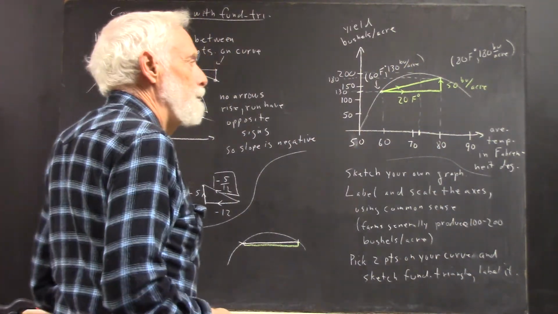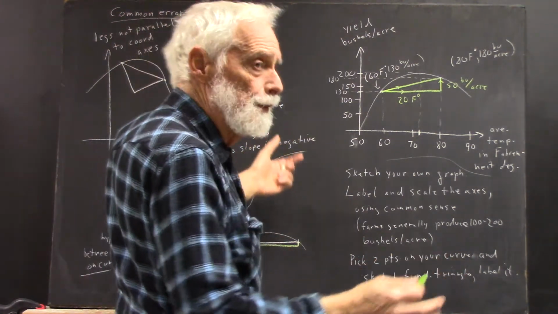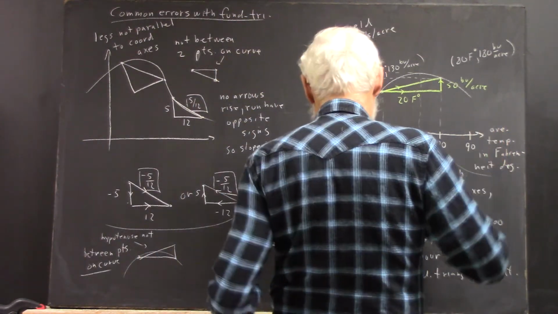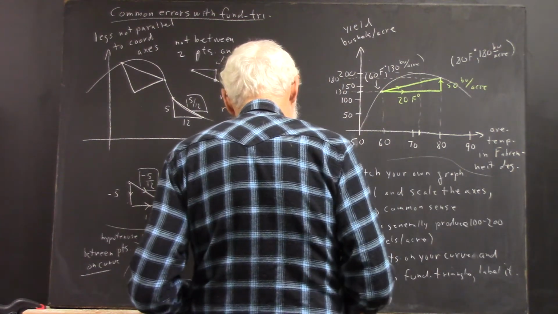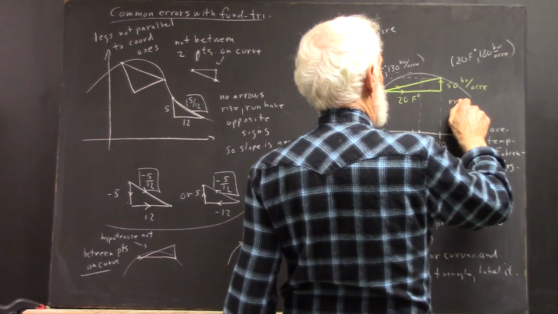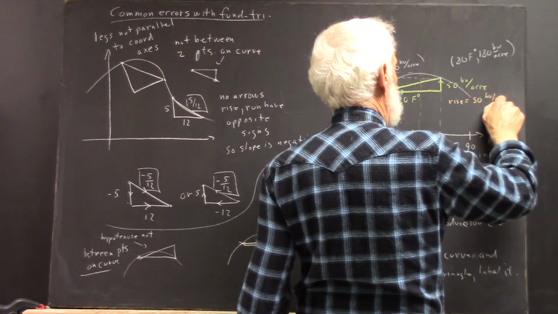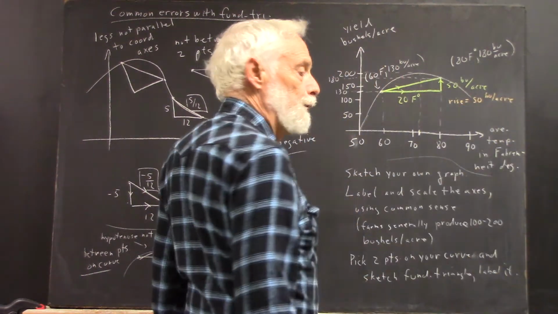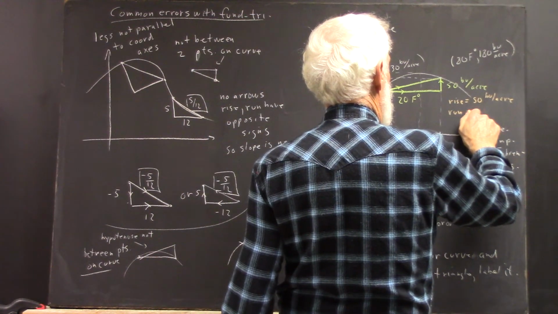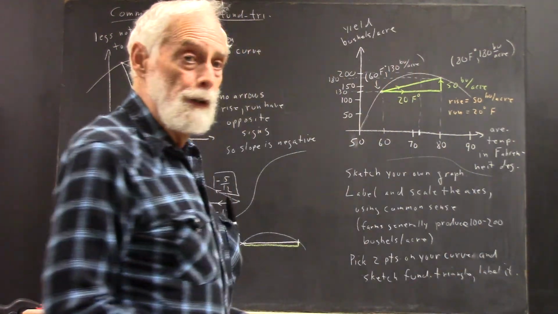Then we label the slope. But first, off to the side someplace, we do a calculation and we document this. Okay, I'm going to put the documentation in another color. I'm going to say, okay, it says rise equals 50 bushels per acre. Run is 20 degrees Fahrenheit.